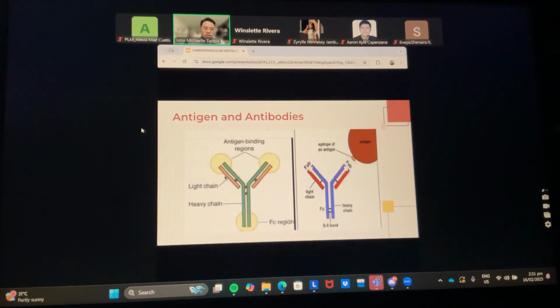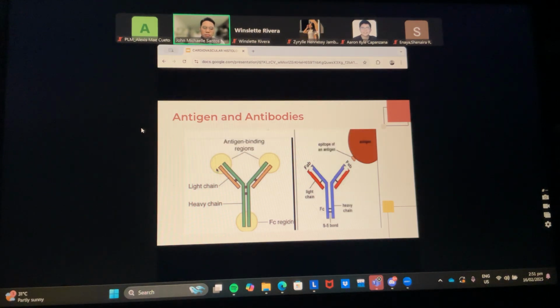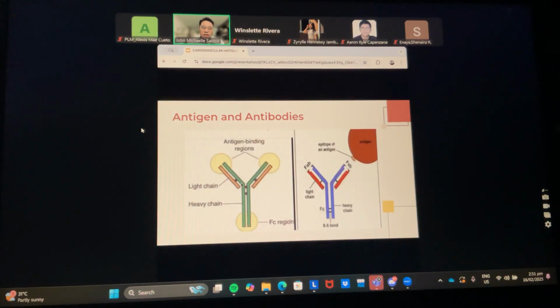So two variable regions, you have your antigen binding site or your Fab, and then your fragment crystallizable, which attaches to your cells. Okay? So you have two variable regions. You have your light and heavy chains where the antigen binds to the antibody. This is your light chain and this is your heavy chain, because it is bigger.